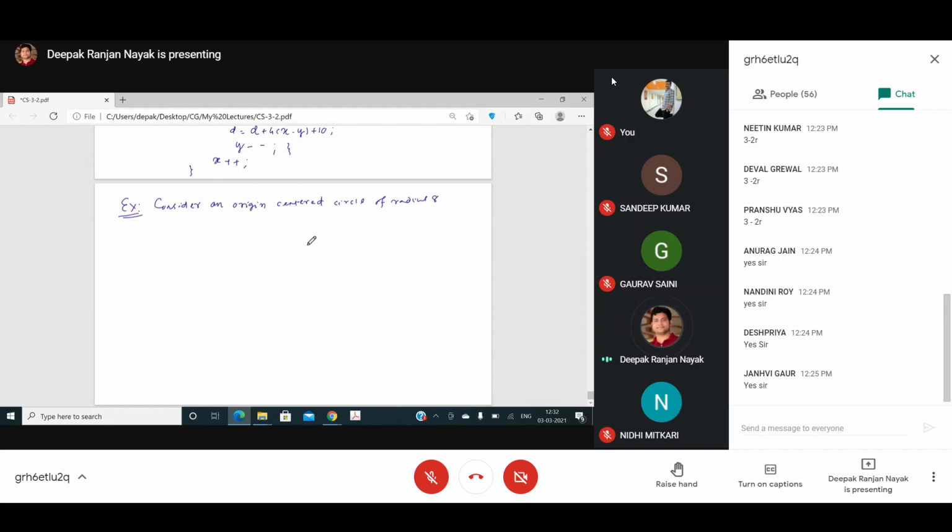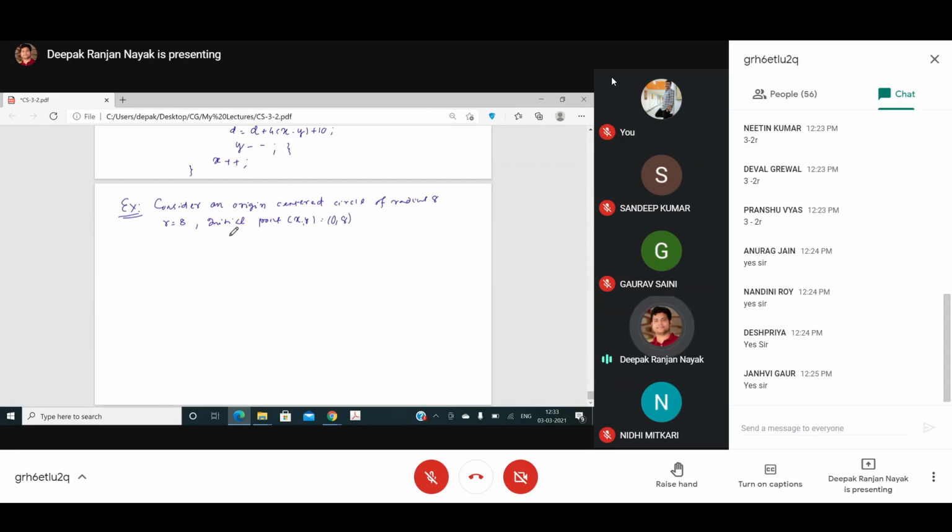So now, what is the value of R here? The value of R is 8. So what will be the initial point? The initial point x, y is nothing but 0 and 8.